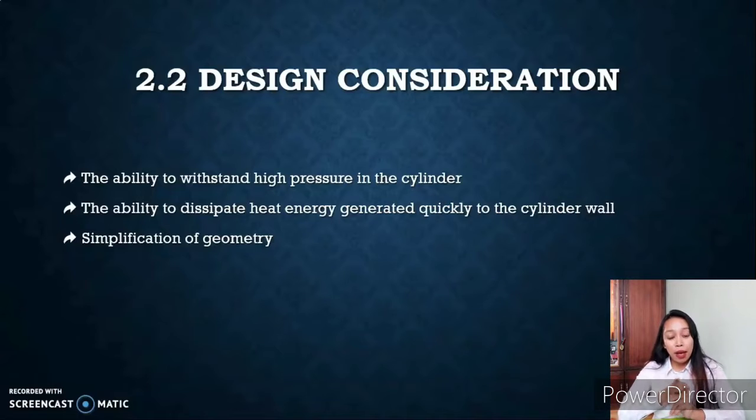Second is the ability to dissipate generated heat quickly to the cylinder wall. And lastly is the simplification of geometry. It is assumed that the top of the piston head is a flat circular plate of uniform thickness, fixed at the outer edges and subjected to a uniformly distributed load due to the gas pressure over the entire cross section.